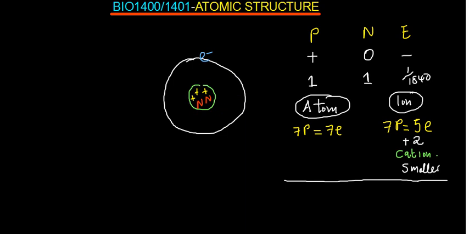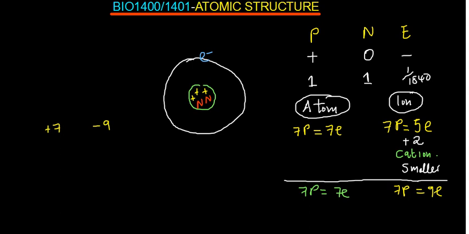Okay, so if you consider a neutral atom, you are supposed to have 7 protons and 7 electrons, then this is neutral. Now let's say an atom has gained electrons. Instead of 7 electrons, let's say you have 9 electrons. What is going to be the effect? You are going to have 7 positive things and 9 negative things.